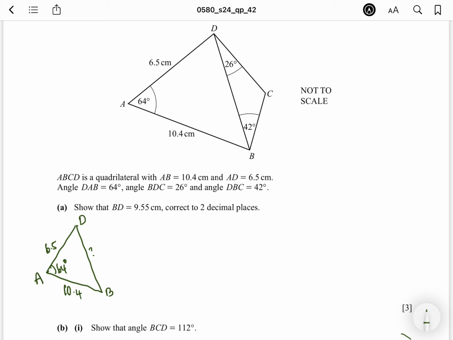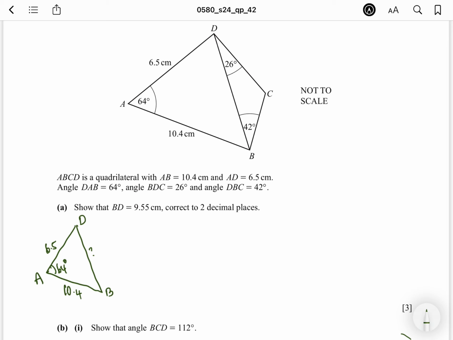Sin, cosine, tangent is for right angle triangles, that falls under trigonometric ratio. So that's for right angle triangles. Right angle triangles have 2 methods: trigonometric ratio and Pythagoras theorem. Non-right angle triangles have 2, which are cosine rule and sine rule.